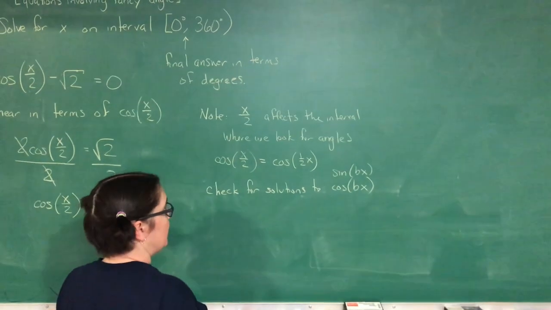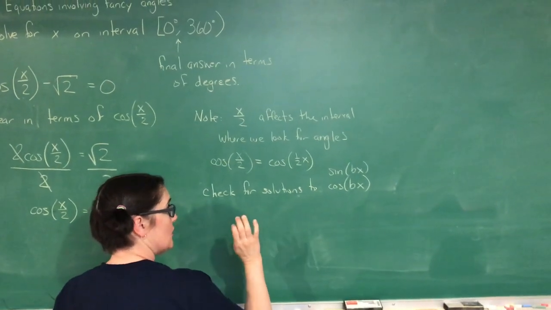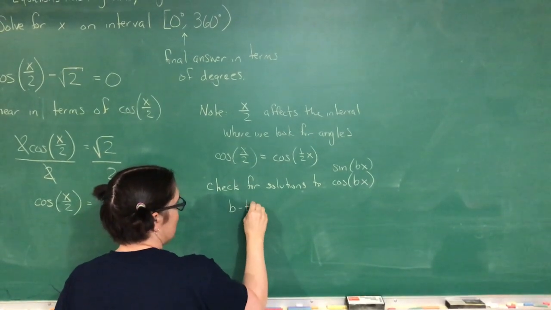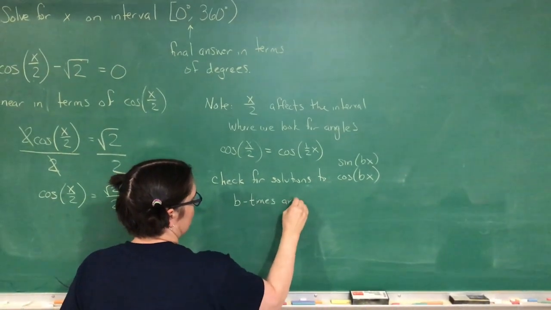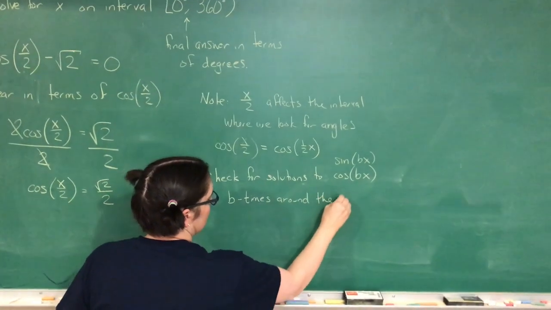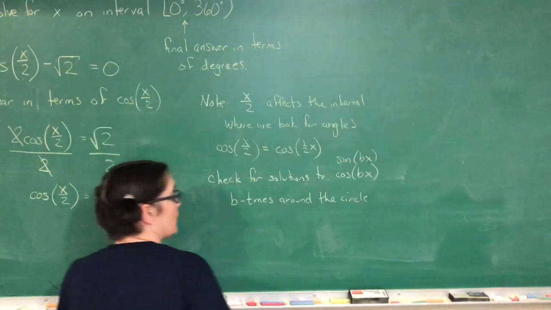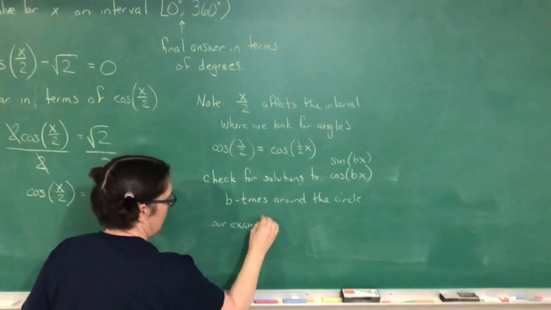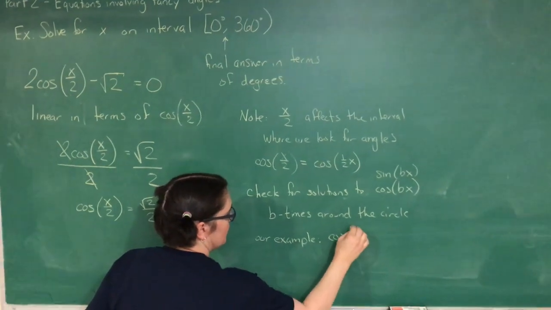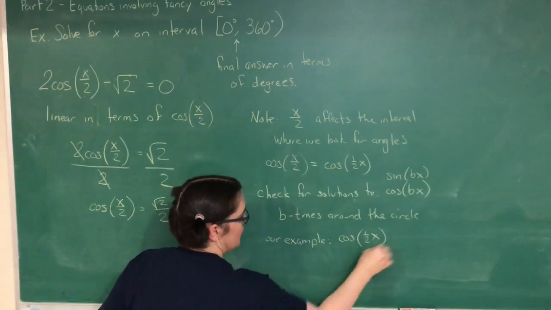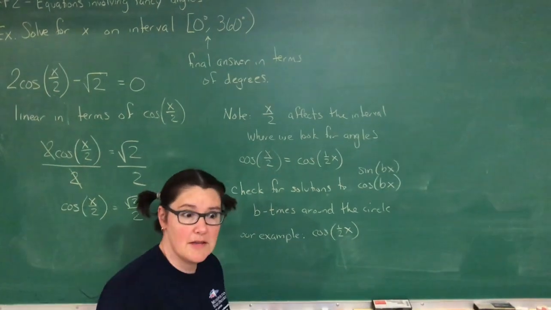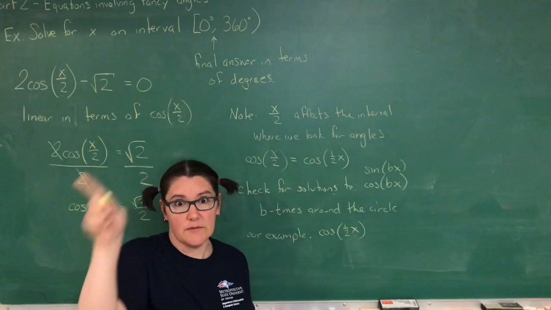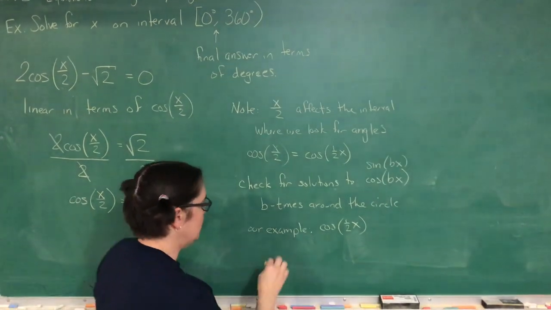I look at that number in the front, and we want to check for solutions to the equation involving this trig function b times around the circle. So in our example, we have cosine of 1/2 x. So rather than looking for solutions one complete rotation around the circle, we're only going to look for solutions halfway around the circle.